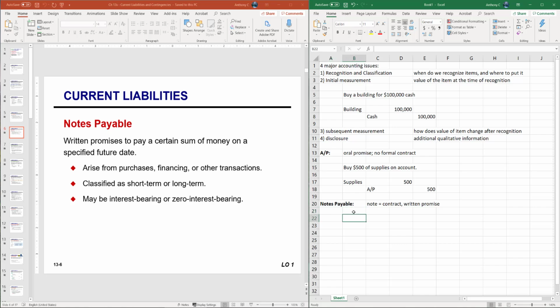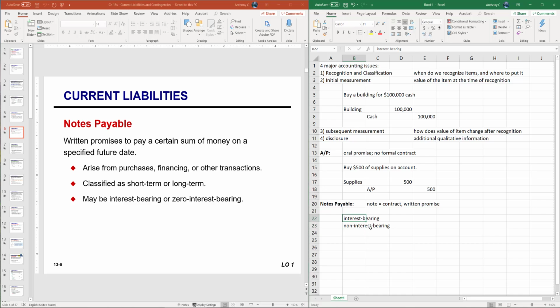Similar to any other type of current liabilities, notes payable can be short-term or long-term. If we expect to pay back the loan in less than a year, it's short-term. Longer than 1 year, it's long-term. Last thing I want to point out for notes payable is that they can be interest-bearing or non-interest-bearing. Non-interest-bearing is the same thing as saying zero interest-bearing.